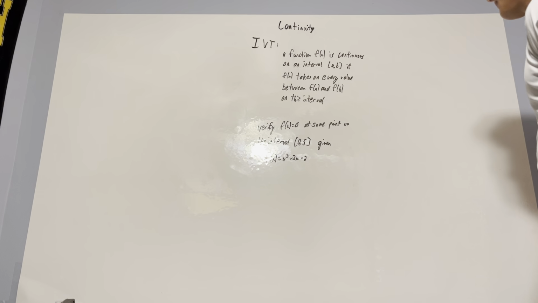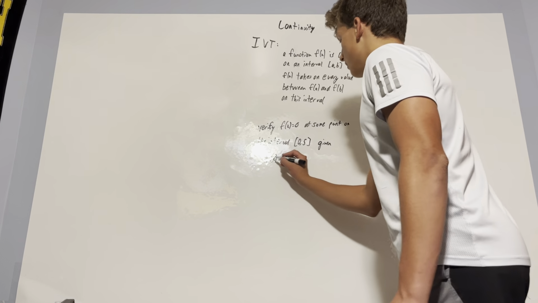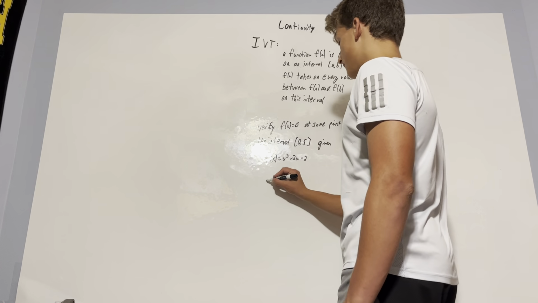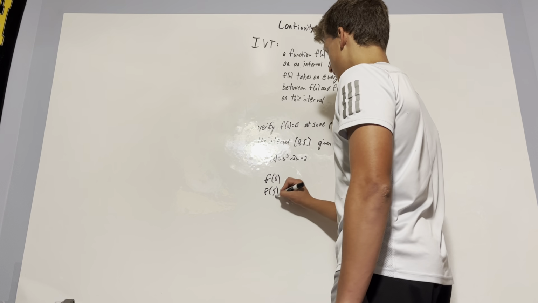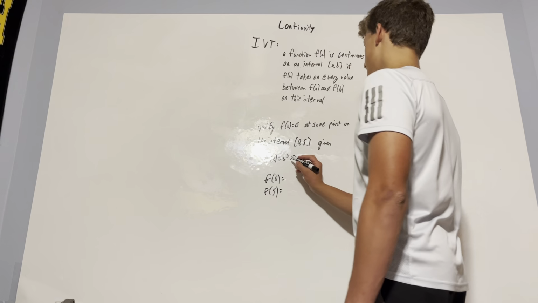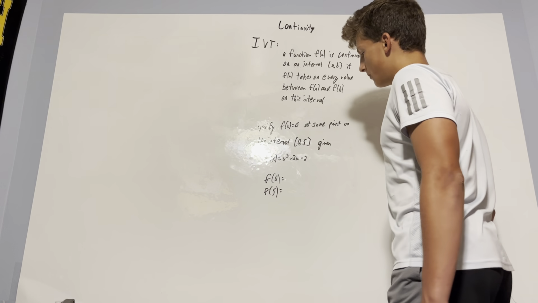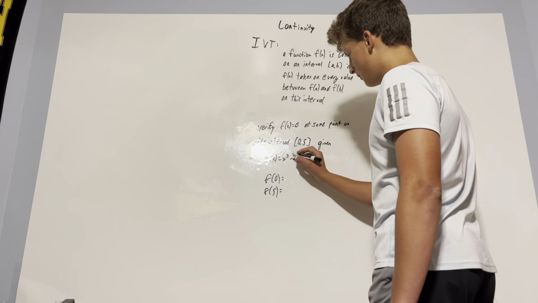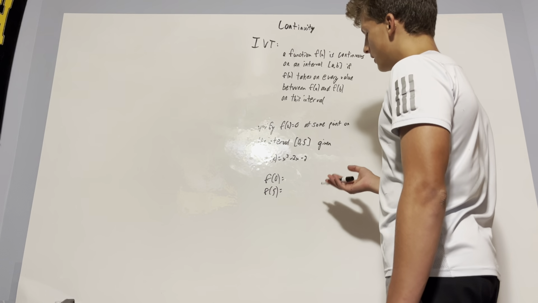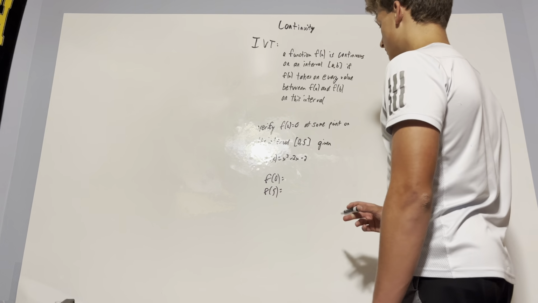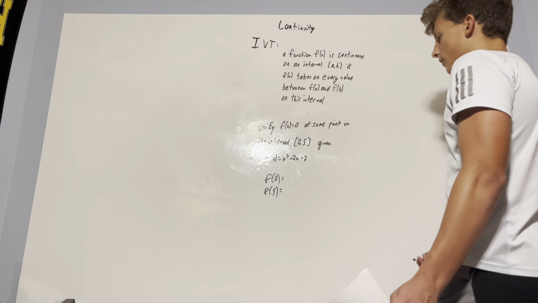First, let's make sure that this is continuous everywhere. There's no denominator, this is not a fraction, so there's no denominator that can equal 0. This doesn't have any points of discontinuity. It's just a normal third degree graph.